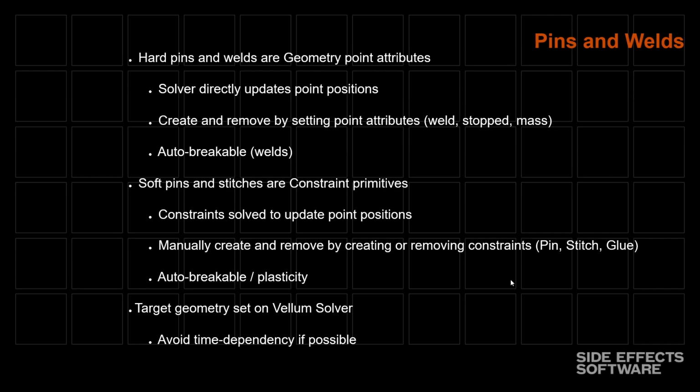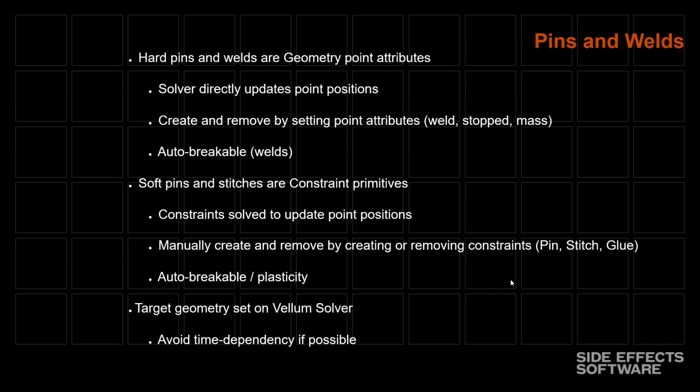And so the hard pins are geometry point attributes. We talked about how the solver has two different pieces of data. It has the geometry data, which is the points, the particles that it's updating the positions and velocities for. And then it has the constraint geometry, which stores all the constraint primitives. So anything that is a hard pin or weld is actually stored as a geometry point attribute. It's like a particle attribute.